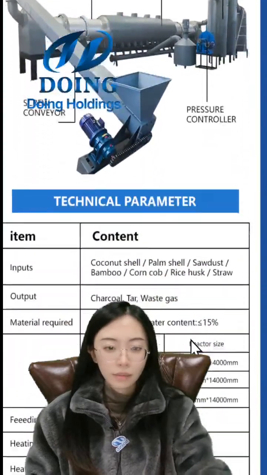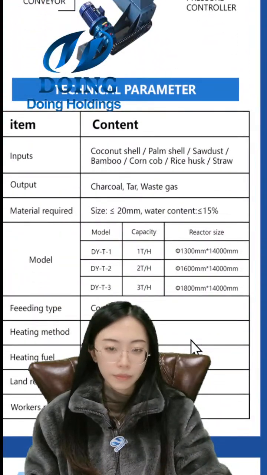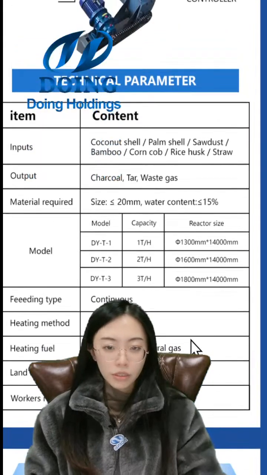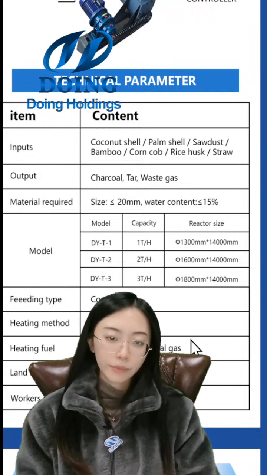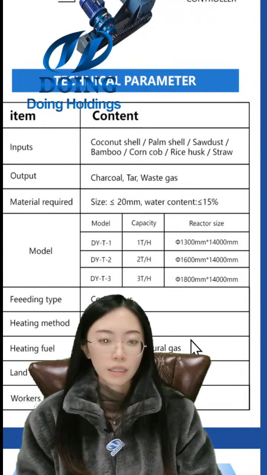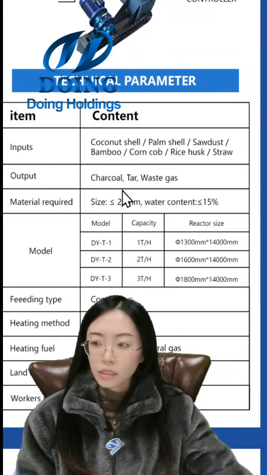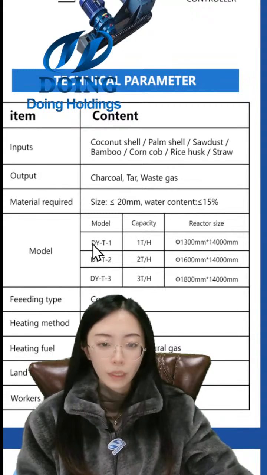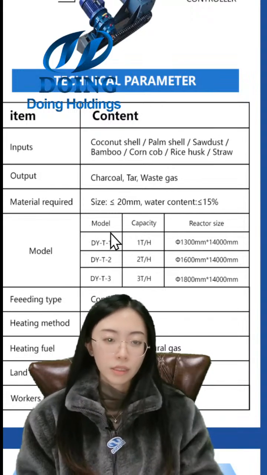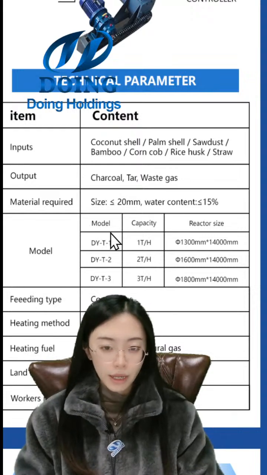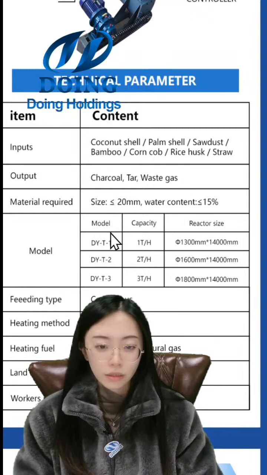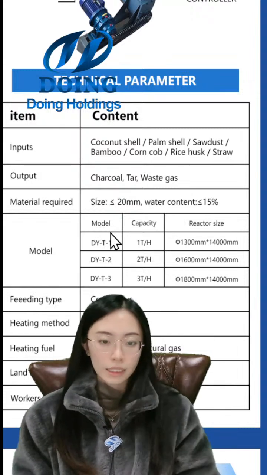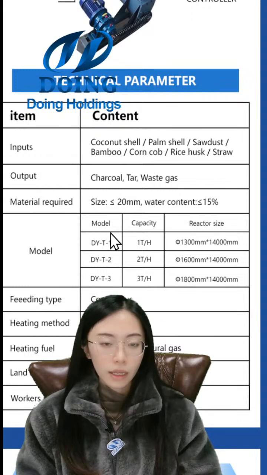And here are some technical parameters. It shows some main information about the input, output, and sizes of the raw material, just for reference. For the model capacity, we have 1 ton, 2 tons, and 3 tons per hour. But if you need a larger or smaller one, you can contact our sales manager and our engineer.